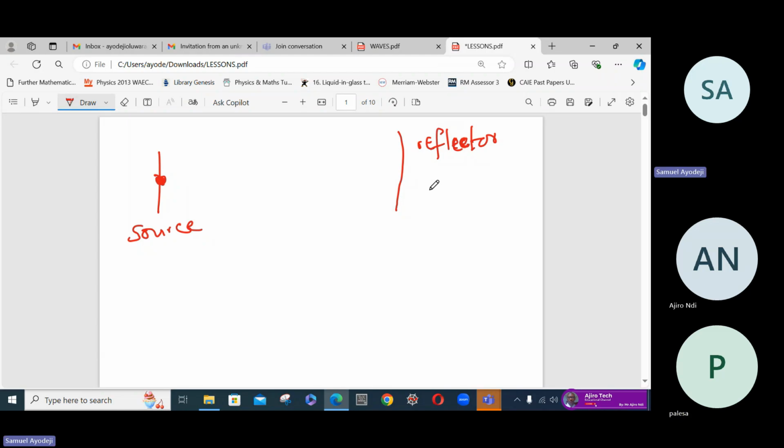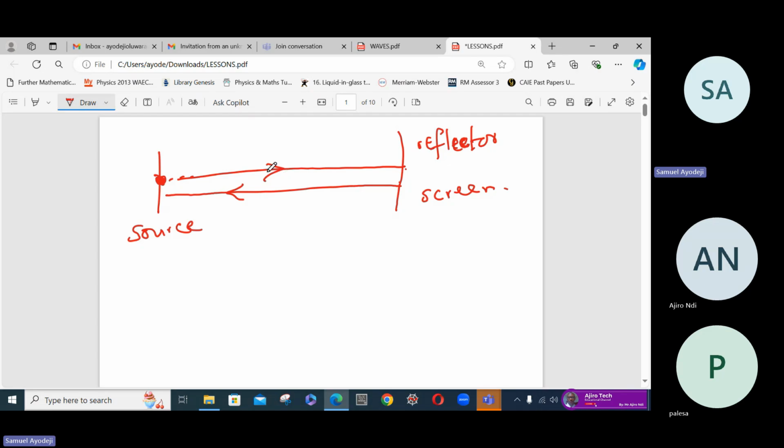If a wave travels like this, when it gets to the reflector it comes back like this to the source. So when the two of them overlap, that is called a stationary wave.